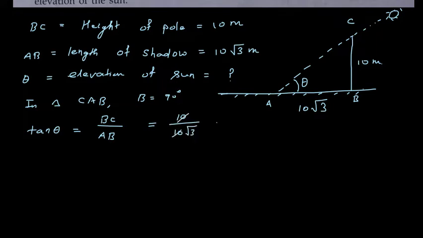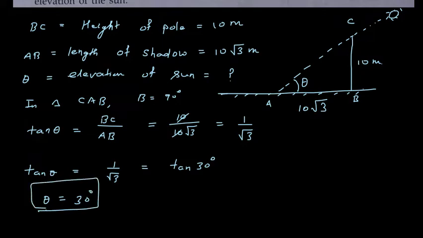Now this 10 cancel and you will get 1 upon root 3. So you got tan theta is 1 upon root 3, and you know that this is tan 30 degree. So tan theta is tan 30. So by comparing, I can say that theta is equals to 30 degree.